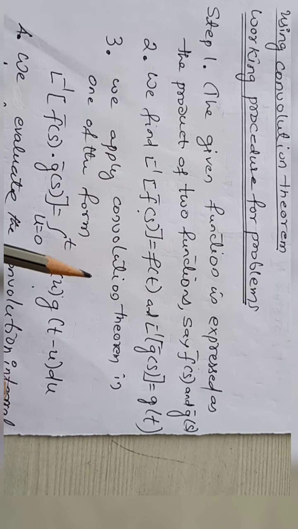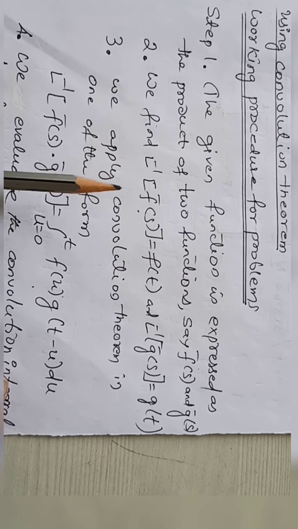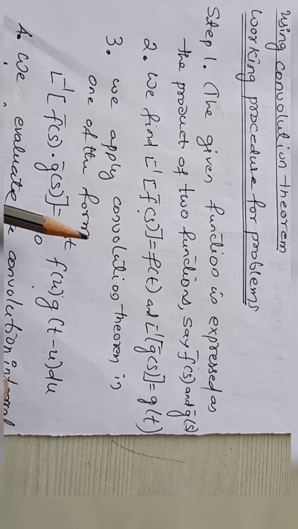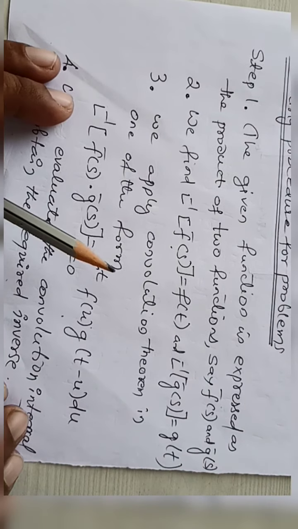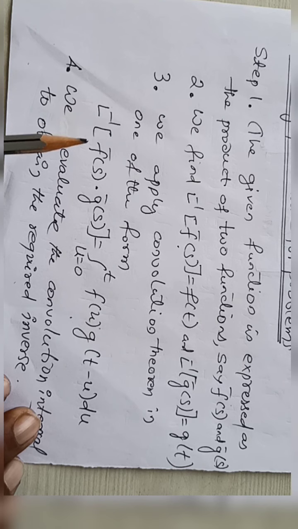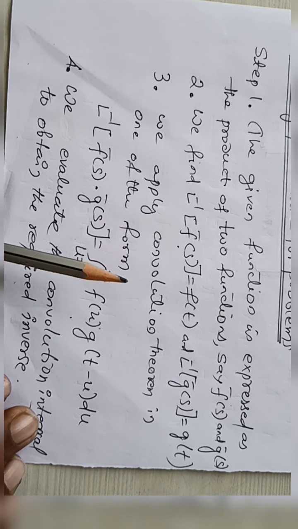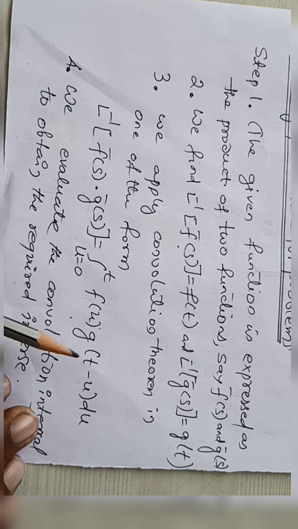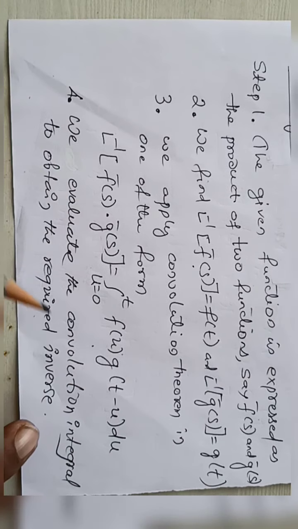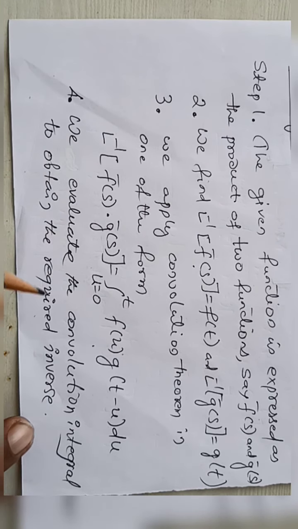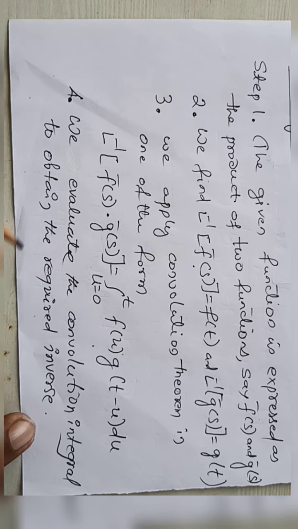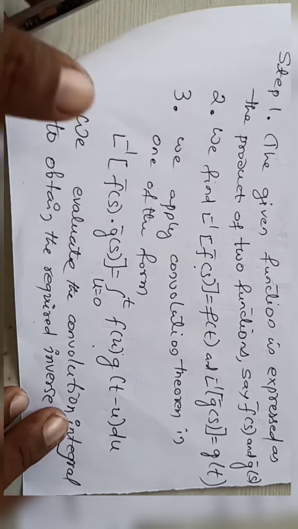In the third step, we apply the convolution theorem: Laplace inverse of f bar s g bar s is equal to integration u is equal to 0 to t f of u g of t minus u du. And last, we have to evaluate the convolution integration. That means we have to find the integration to get the required inverse.